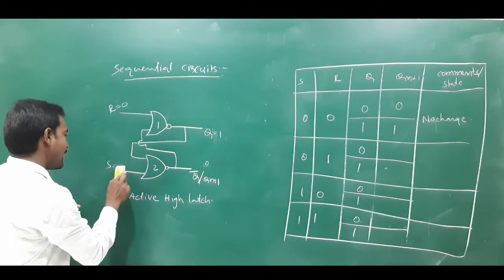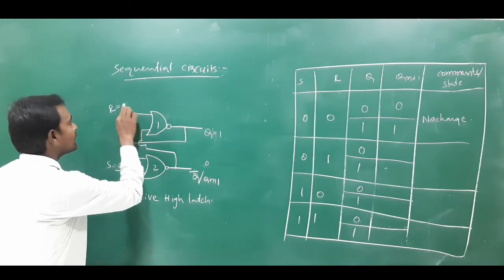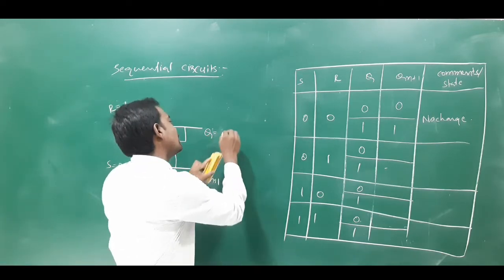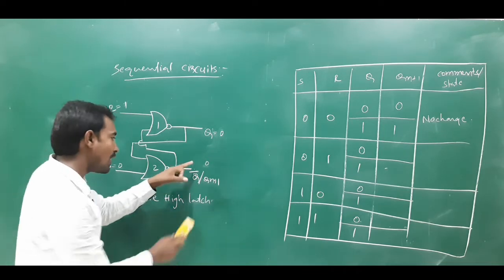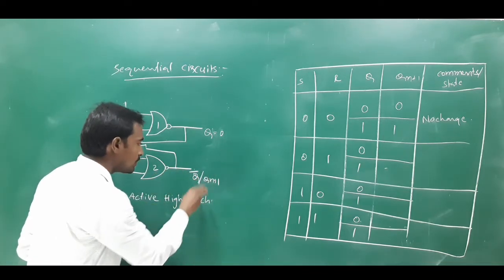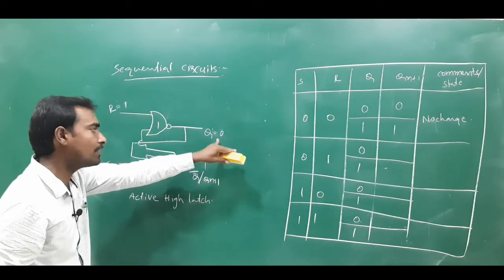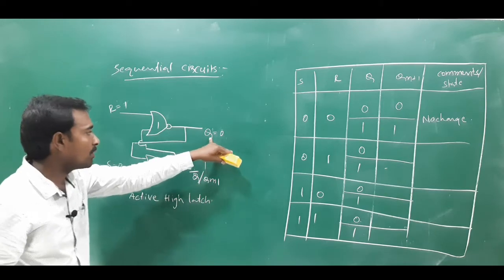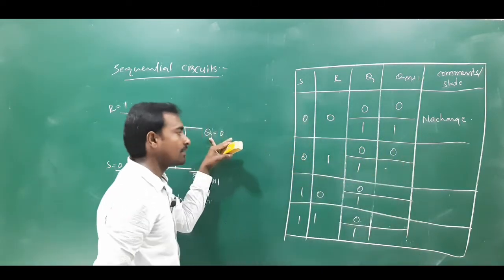And for the next input, S is equal to 0 and R is equal to 1, and here I am taking Q equal to 0. See, 0 plus 0 equal to 0, and 0 complement is 1 here, and 1 plus 1 equal to 1, 1 complement 0. So again here we are getting the 0 output.